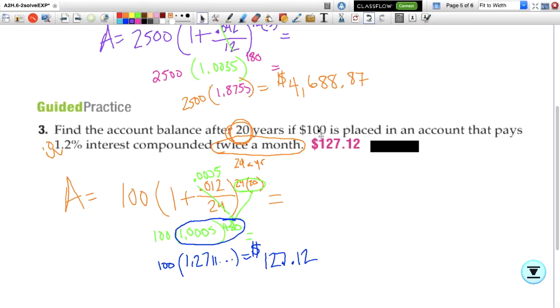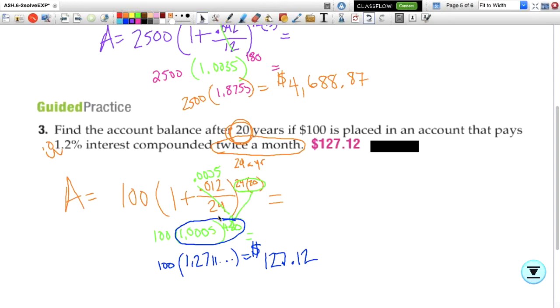So I said $100 is my principal or my initial amount. I started here. Then I have to figure out my growth, right? 1 plus my percent divided by how many times a year it's going to happen. So my percent, move it forward 2 spots, 0.012. Okay, so it's really only like a 1% increase.